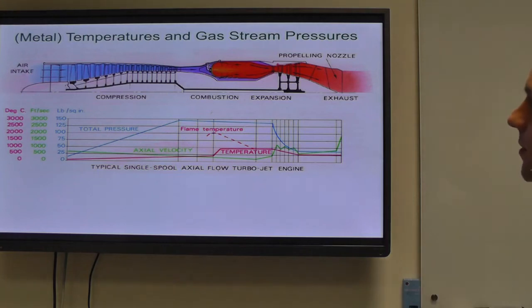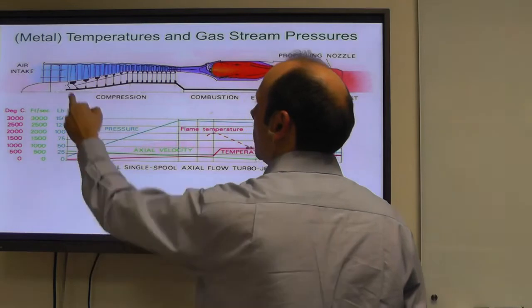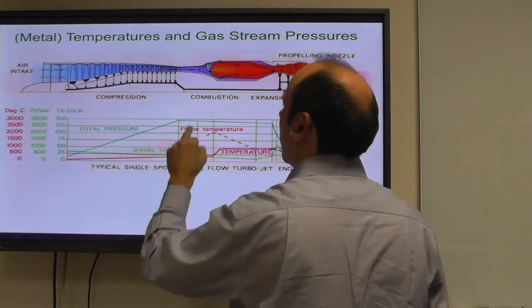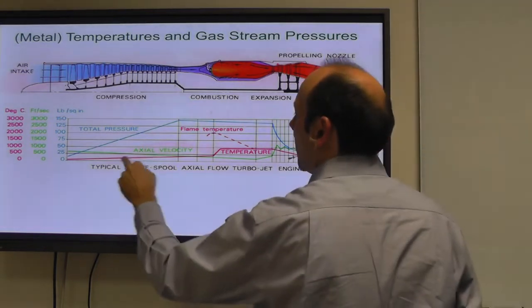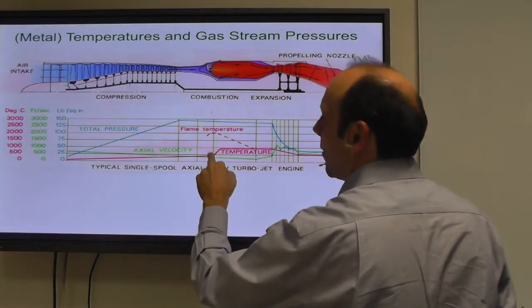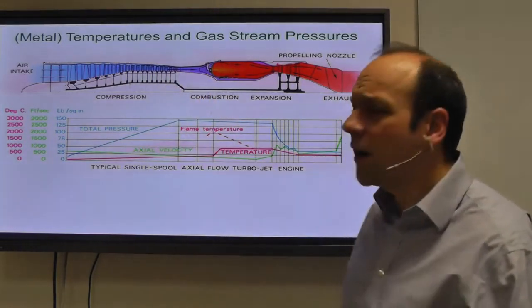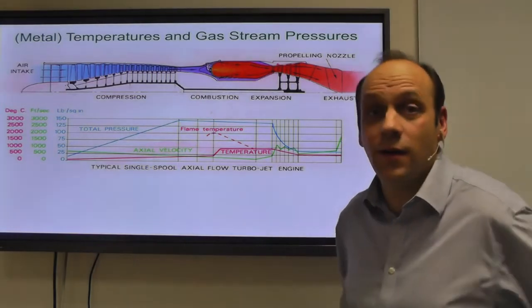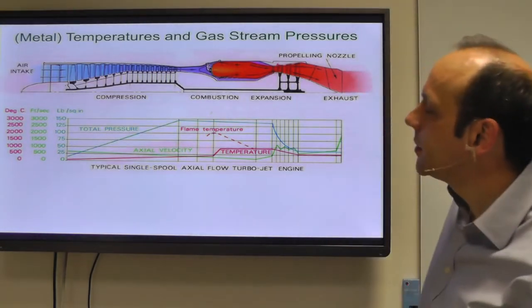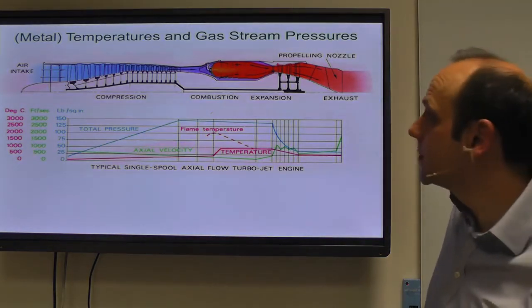In terms of temperatures and pressures as you're going through the engine, this is a graph as you go through: you build up pressure, and things soak, and then the pressures drop. The temperature gradually increases, you pressurize the air up to maybe, this is a very old slide, back end of the compressor, you're at maybe something like 850 degrees C, or you'd like to be. For the blade temperature, a bit lower for the discs that are hanging on.